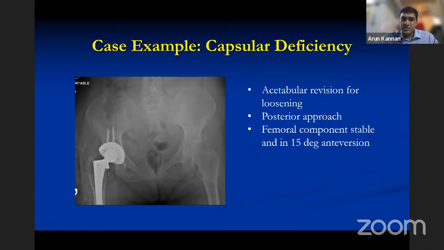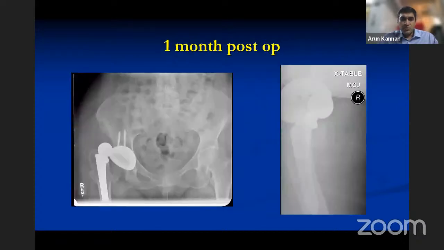Being a revision scenario, oftentimes the capsular closure is weak because of the change in offset, as well as the suboptimal capsular quality of the soft tissues. One month post-op, she came with this picture. She caught her foot on a mat and then had this dislocation episode.